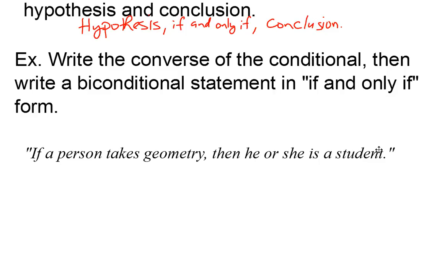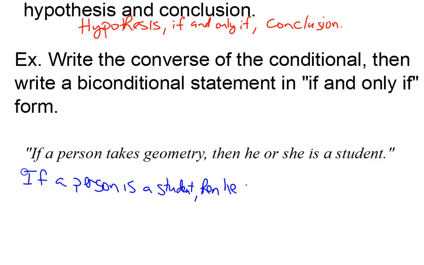Okay, well again, to construct the converse, we just switch the hypothesis and the conclusion. So, I think the converse would be if a person is a student, then he or she takes geometry.